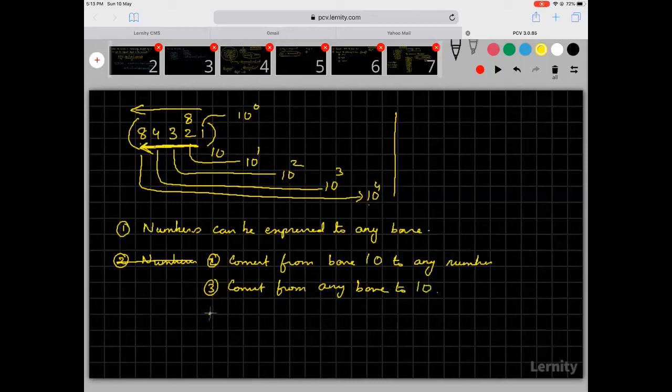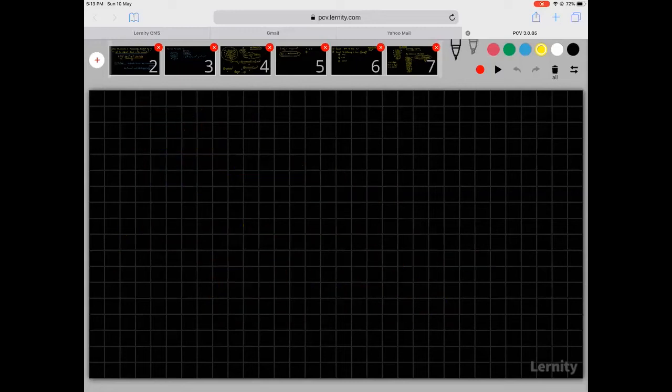Then in the process, we also learned about addition, multiplication. Also, I gave you a homework about subtraction. So I hope all of us know this. Now let's go ahead and do a little bit more based on this.